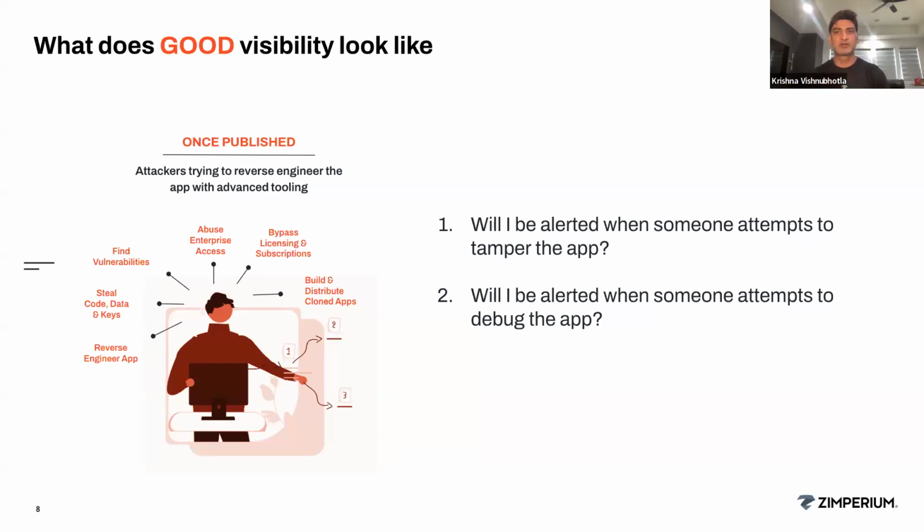But the one thing we constantly see when we talk to enterprises, whether it's free tools or relatively inexpensive tooling, is that none of them tell you if someone's actually trying to tamper or reverse or trying to do something, right? So their strategy is we've applied some protections and we hope no one's trying to do it. Isn't this odd? I don't understand why this is even acceptable, to be honest.